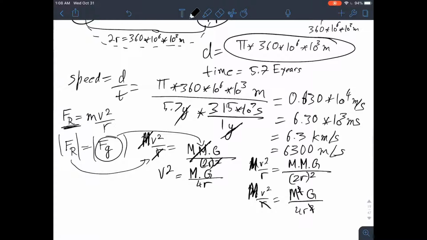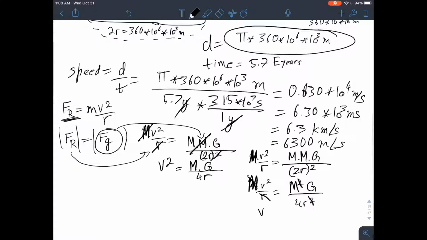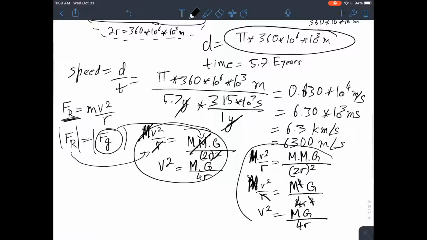One r goes away, one m goes away, and again you see v squared equals M times G over 4 times r. Hopefully that makes sense now.